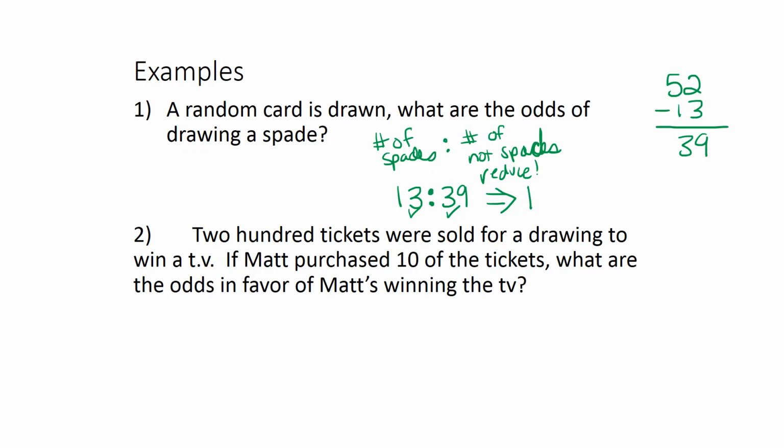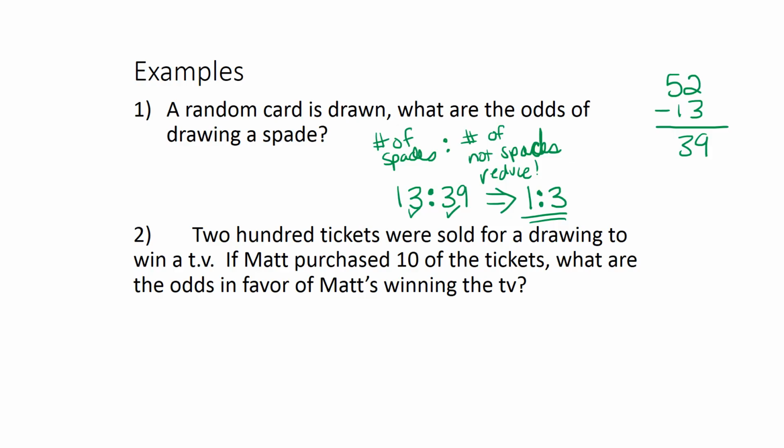So 13 goes into 13 one time, 13 goes into 39 3 times. So the odds of drawing a spade are 1 to 3. And therefore, the odds of not drawing a spade would be 3 to 1. Right? You have a good chance of not drawing a spade.